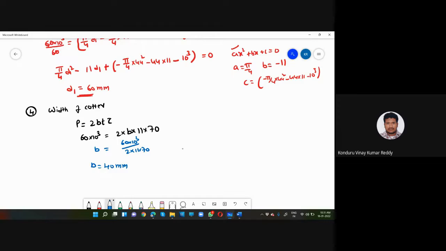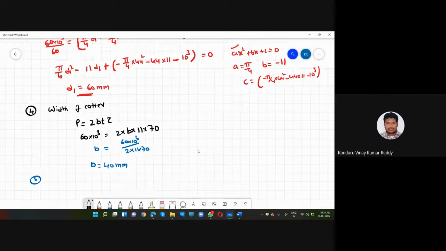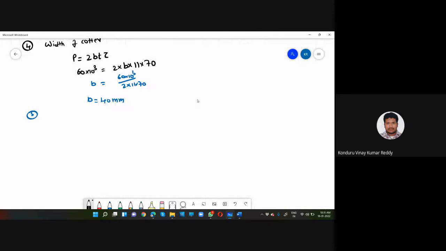Similarly, we have to design the distance of the rod from the beginning to the cotter hole, and also from the end of the cotter. That is the fifth one, just two steps away from our answer: the distance of the rod from the beginning to the cotter hole.